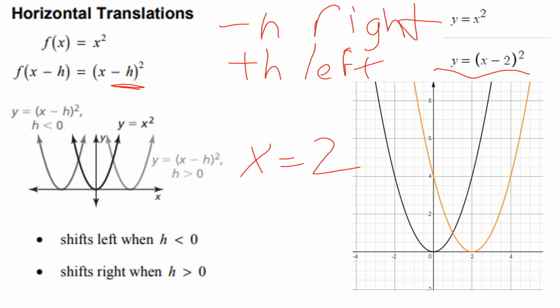And again, the graph is the solution of the problem. So if it starts off negative, when we solve for X, it's going to end up being positive. It's going to move in the positive direction. When H starts off positive, when we solve, it's going to be in the negative direction. And it tells you this all right here.